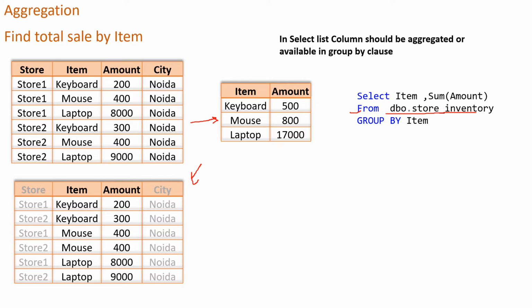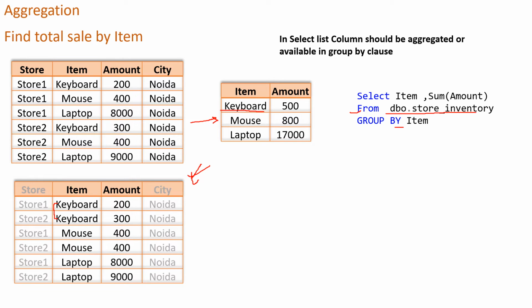For your understanding, I just arranged the same values. After the from clause, the group by clause is executed. When the group by clause is executed, we get a group on the item. So keyboard and keyboard will be grouped and give the result keyboard.